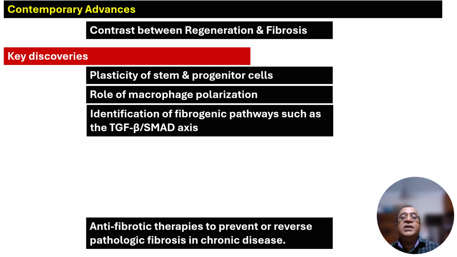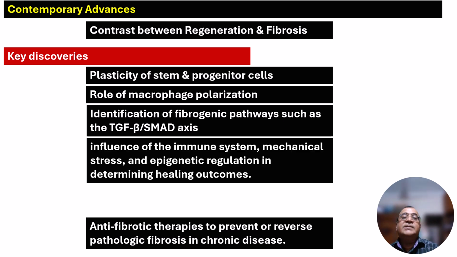Then the role of macrophage transformation and the differences between M1 or classical macrophages and alternative or M2 macrophages that determine the outcome of chronic inflammation. Then there is identification of fibrogenic pathways such as the transforming growth factor beta SMAD axis. Then there is extensive study of the influence of the immune system, mechanical stress, and epigenetic regulation in determining the healing outcome.